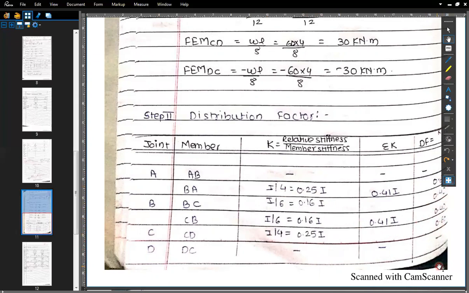Then the final or main factor, the distribution factor, is the ratio of member stiffness to the joint stiffness. So we'll keep 0.25 I divided by 0.41 I. Likewise, we have calculated the distribution factor.